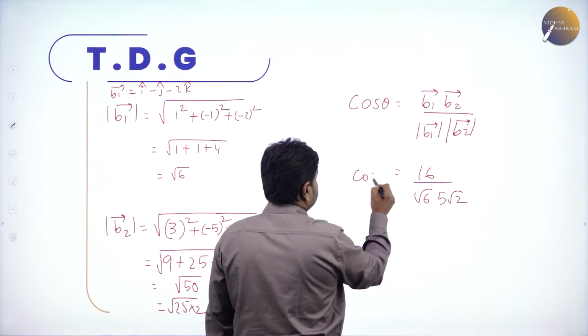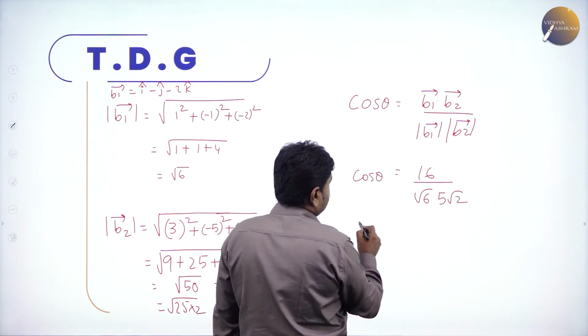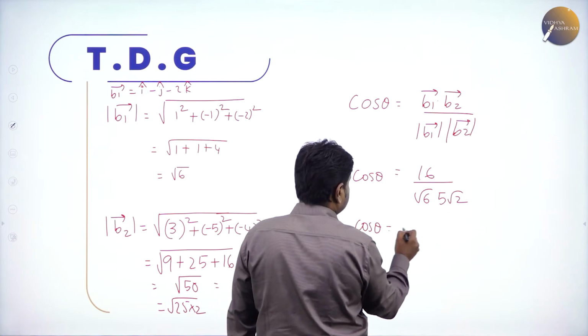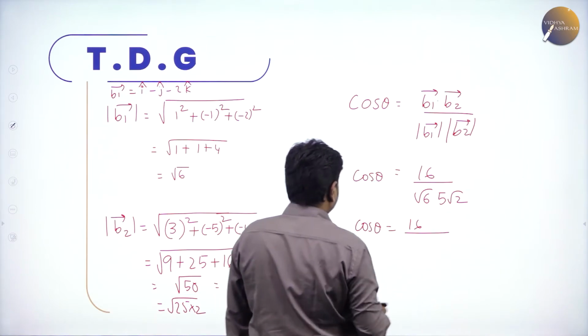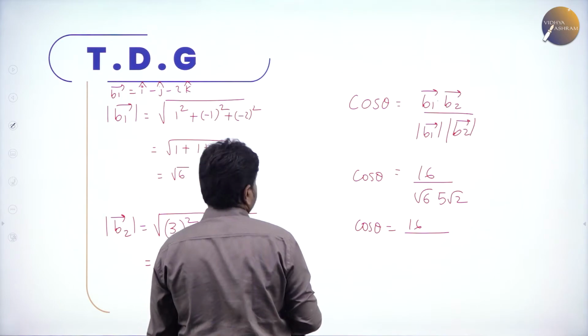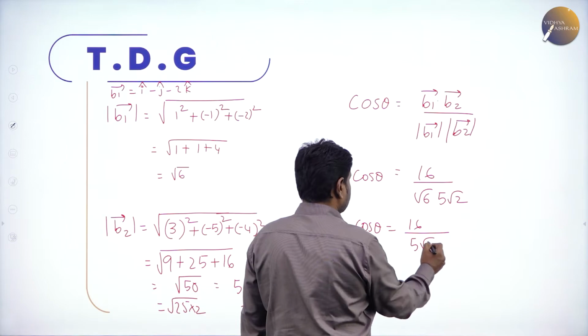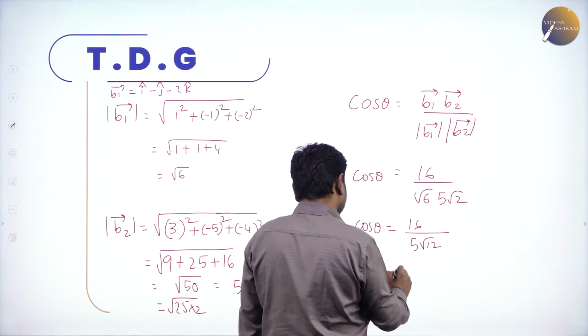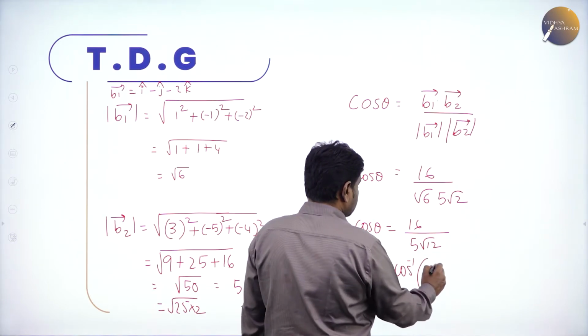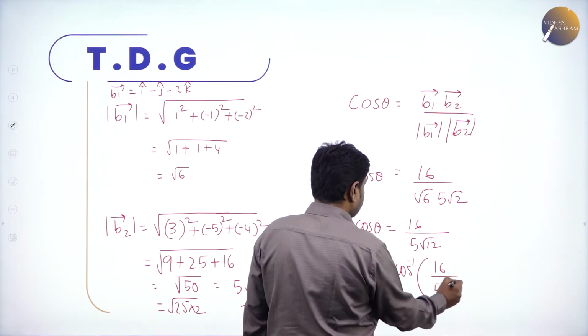This is cos theta. Simplify this. Root 6 into root 2 is root 12, so 5 root 12. And theta is cos inverse of 16 by 5 root 12.